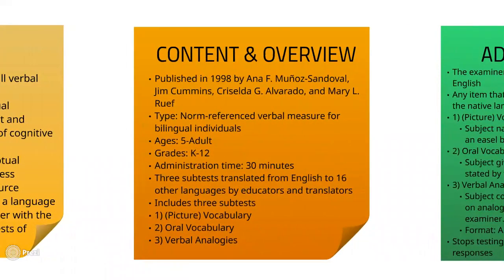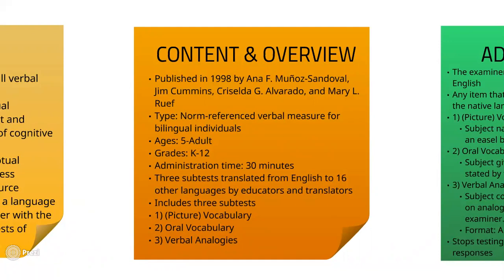The Bilingual Verbal Ability Tests are a norm-referenced test. It is based on 3 subtests of the Woodcock-Johnson Language Proficiency Battery Revised. These 3 subtests include picture vocabulary, oral vocabulary, and verbal analogies.